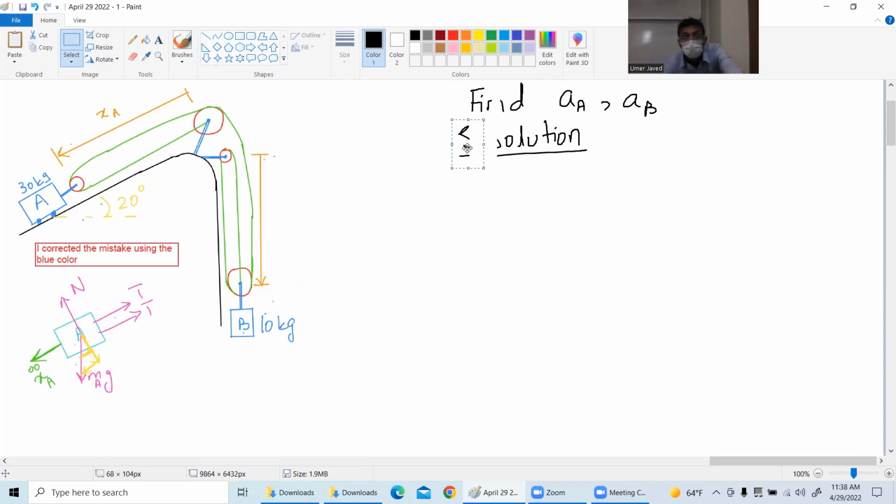This is a nice problem. There is no friction. In order to do this problem, I have to come up with the approach, and my approach will be Newton's law. The free body diagram I have already made.